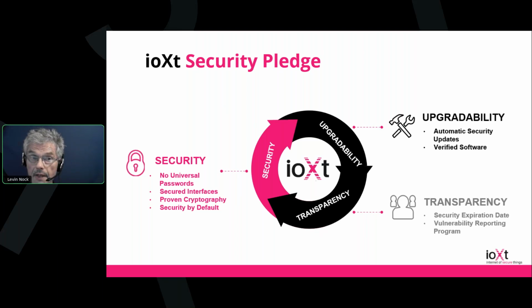The IOXT standard is based on 8 principles shown here as bullets that map back to US and European regulations in the 3 general categories of security, upgradability, and transparency. Device profiles are developed for the unique security requirements of various devices and markets, and multiple labs provide testing.